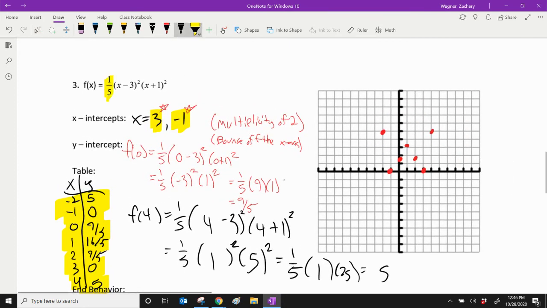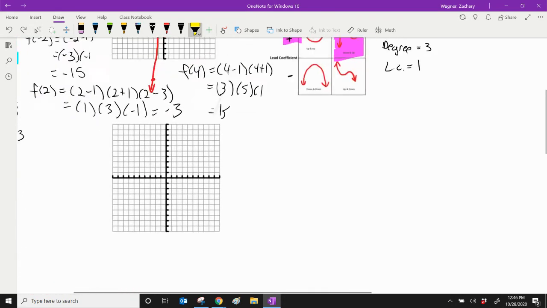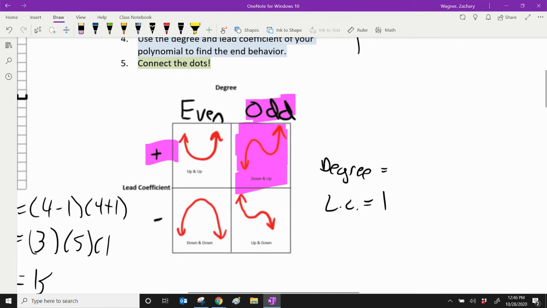My lead coefficient is 1/5. My degree is going to be 4 because it's a square term times a square term. You add those together, 2 and 2 gives you 4, which means degree of 4, lead coefficient of 1/5 means my lead coefficient is positive, my degree is even, which means this is an up and up end behavior.